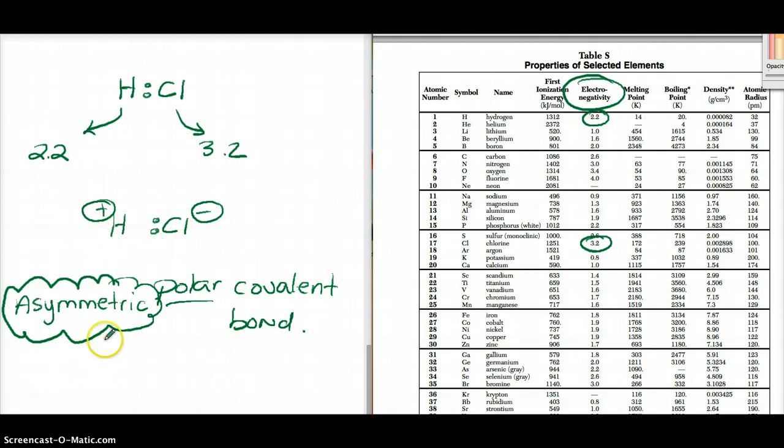If I were to draw a line down the middle, let's make it red, I'd have a hydrogen on this side and a chlorine on this side. So it's not the same left and right. So if it's not the same and it's asymmetric, you have a polar covalent bond. And if you have two that are the same, and on the Regents level, all your diatomics are going to be your non-polar covalent bonds, then you have a non-polar covalent bond.